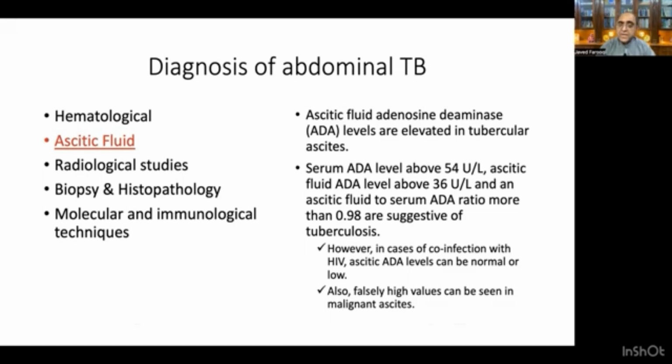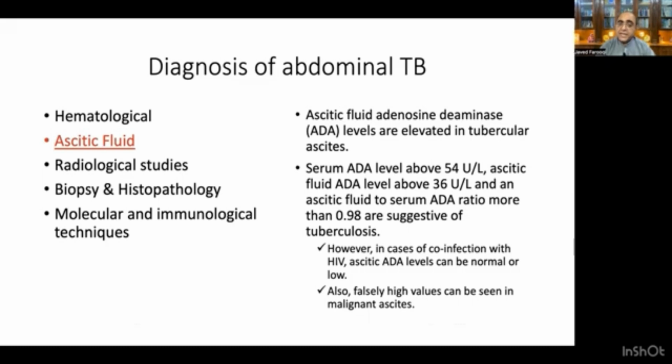I repeat, ADA more than 54 in serum and more than 36 in ascitic fluid, and the ratio of ascitic fluid to serum ADA more than 0.98, suggestive of tuberculosis.